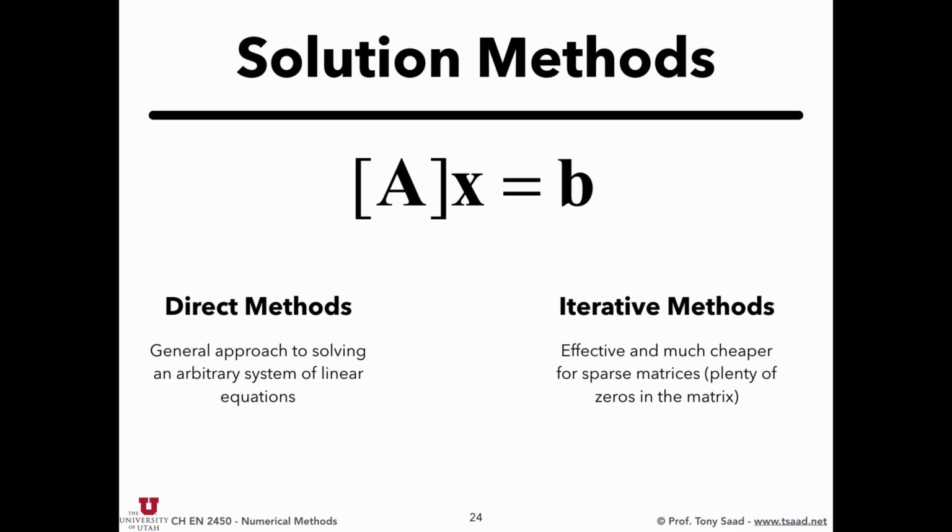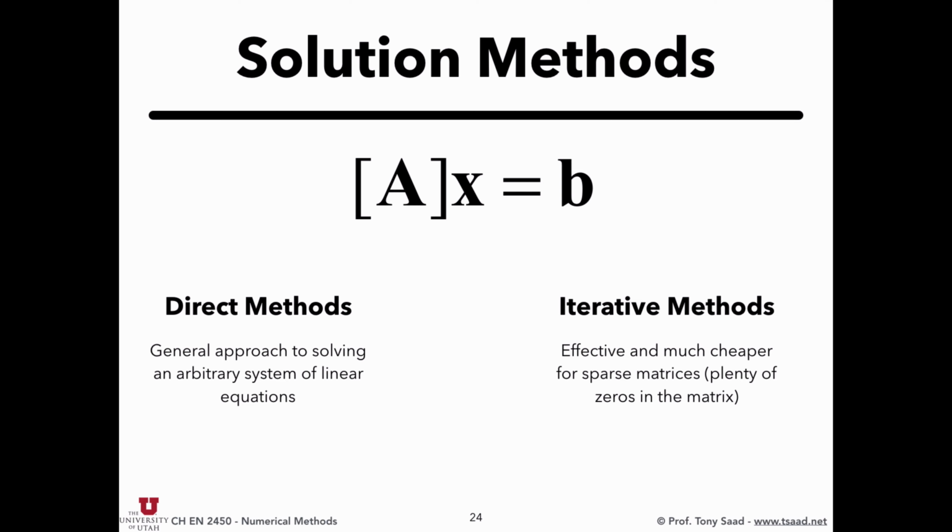as opposed to iterative methods where we're not going to necessarily directly compute an exact answer. We're going to just start with a guess and improve on this guess until we are satisfied with an answer down to a certain tolerance. Now, iterative methods are actually very effective and much cheaper for very large sparse matrices, which we will discuss a little bit later.